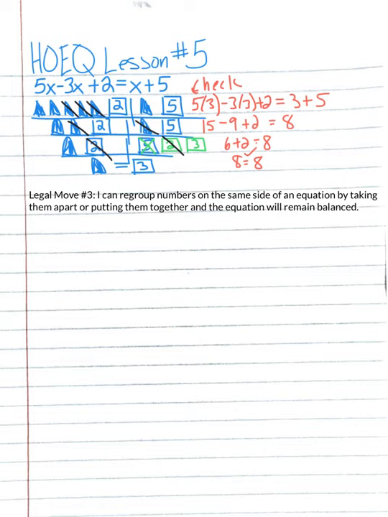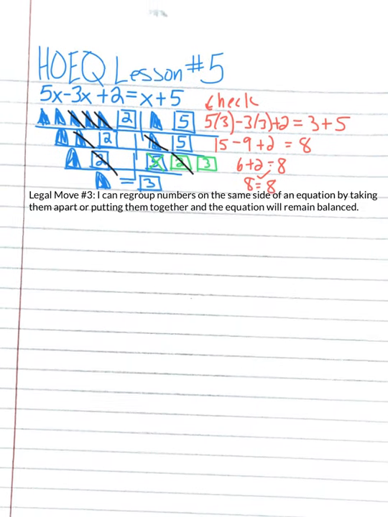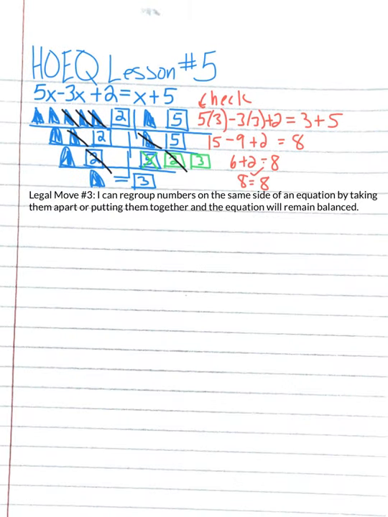All right, so for this example, we're going to have 2x plus x minus x plus 1 is the same as x plus 9.